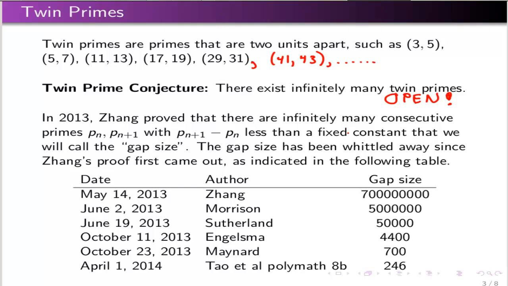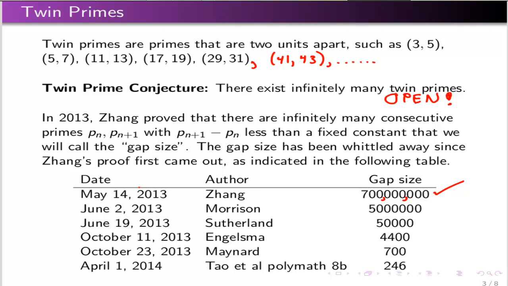I'll call that distance between the consecutive primes the gap size. And that was done May 14th of 2013. So what size number do I have here? He proved there are infinitely many consecutive primes within a distance of 70 million of each other. And that size has been whittled down ever since.